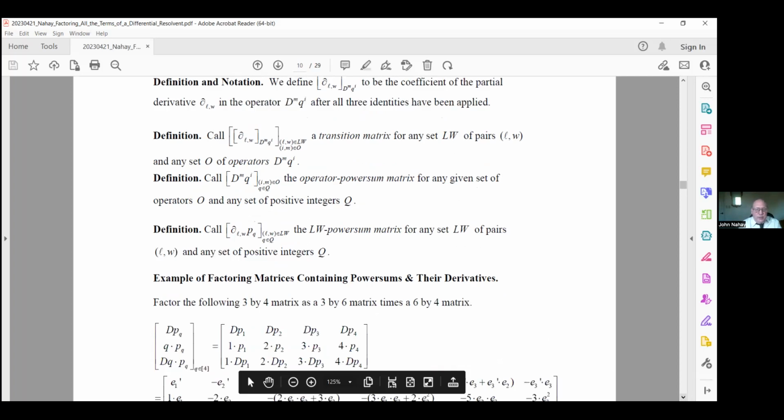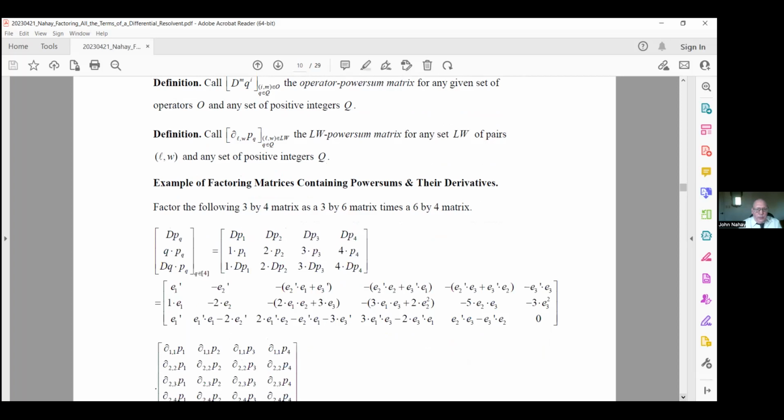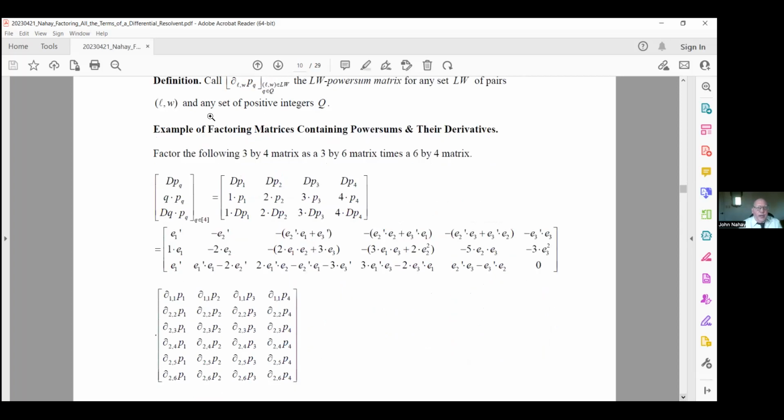Example, and I just want to show an idea of what we're going to do. So here's a 3x4 operator power sum matrix, and it's expressed as a product of a 3x6 by a 6x4. So here are the operator coefficients, and then here are the LW power sums.